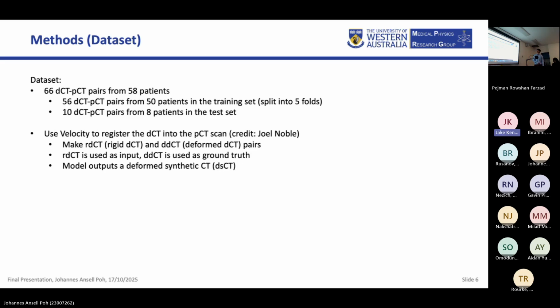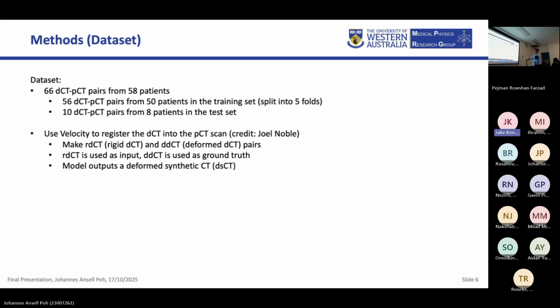This project is an extension of a previous master's student research project by Joe Noble, who is also my supervisor for this project. The dataset I use is the same as the dataset he used for his project, so the pre-processing has been done by Joe.